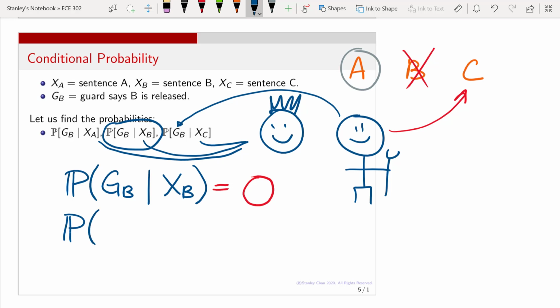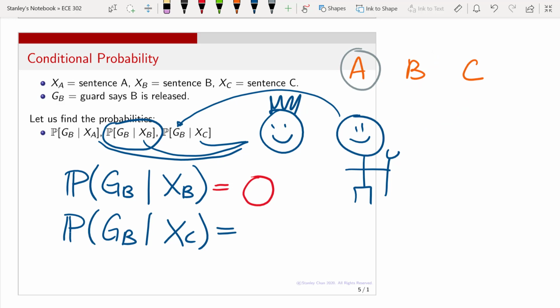We can also calculate the other probability, which is that suppose C is sentenced, and then what is the chance that the guard will tell you about B? In this case, the king has decided to knock out C. So C is knocked out.